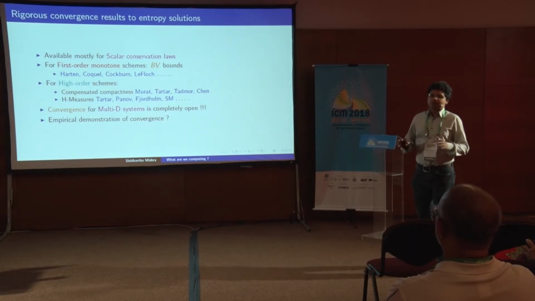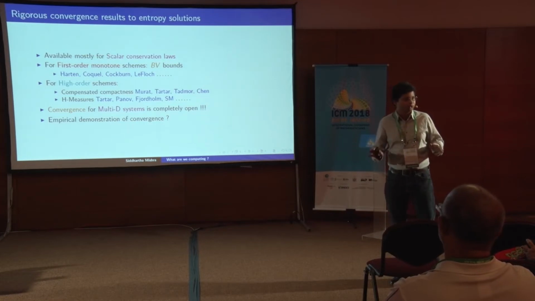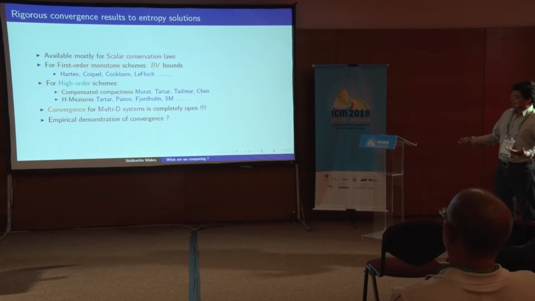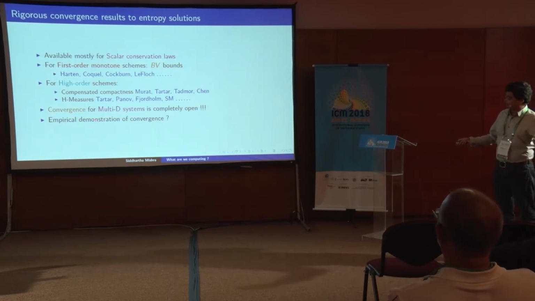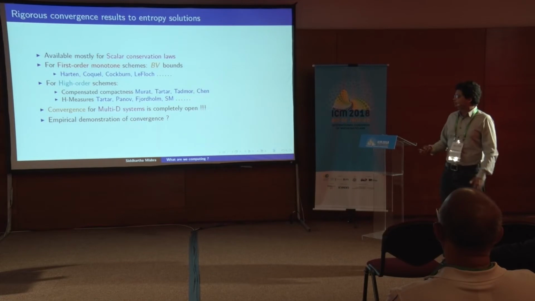Nevertheless, as long as you have a scalar conservation law, even if you have several space dimensions and unstructured grids, you have convergence. However, for the real problems, multidimensional systems, the ones that I just showed you, convergence is an open question.